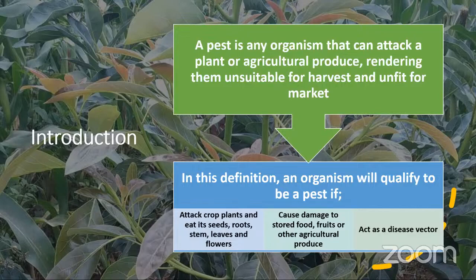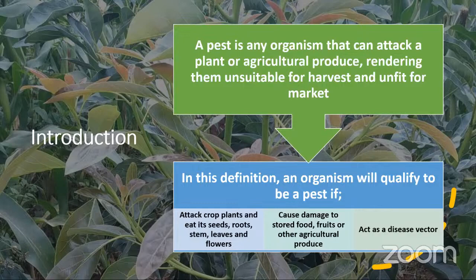Then under this definition, an organism will qualify to be a pest if, number 1, it attacks crop plants and eats the seeds, roots, stems, leaves, and flowers. So any organism which attacks our plants and does damage to the plant parts qualifies to be called a pest.